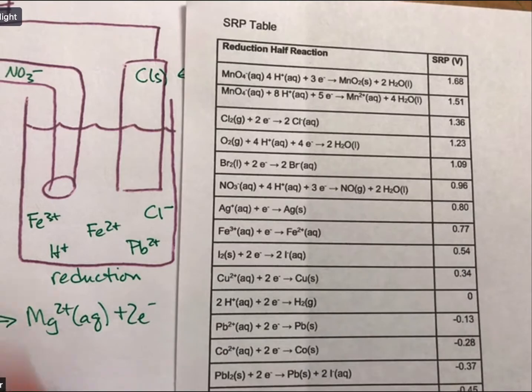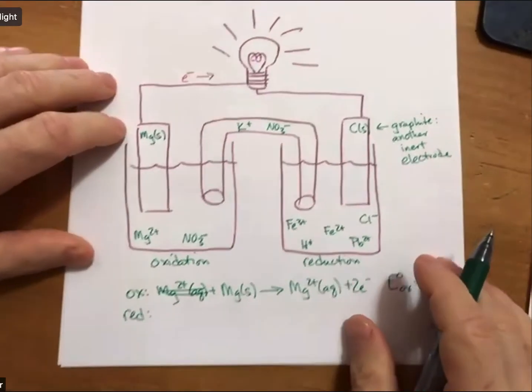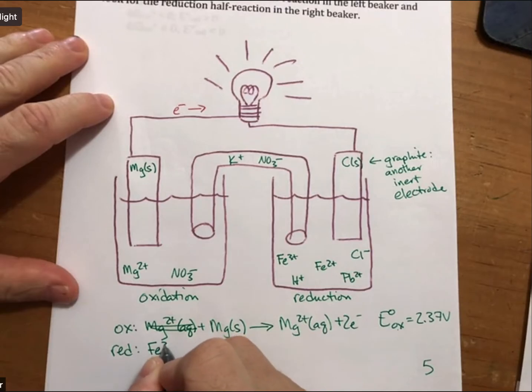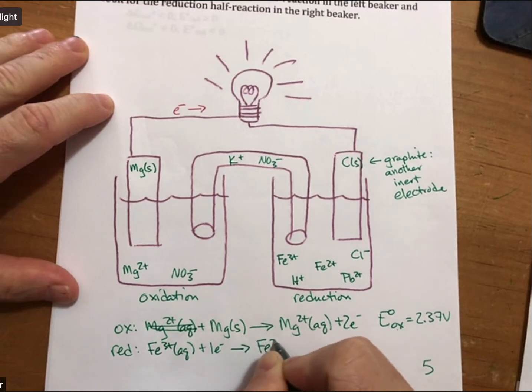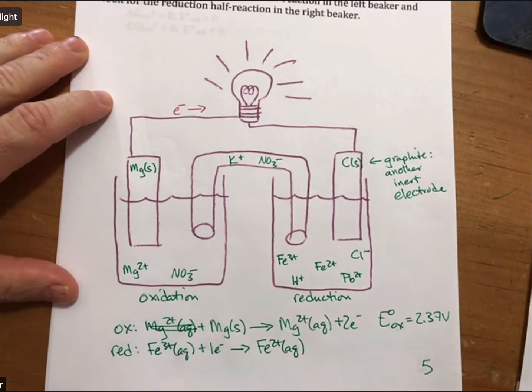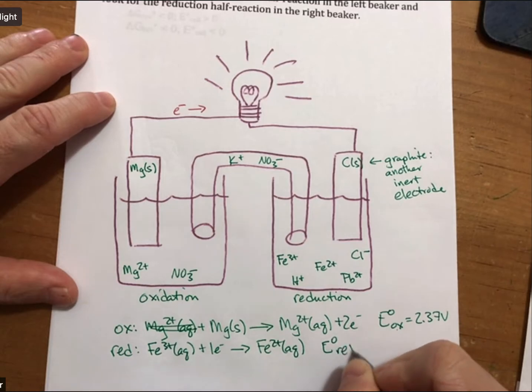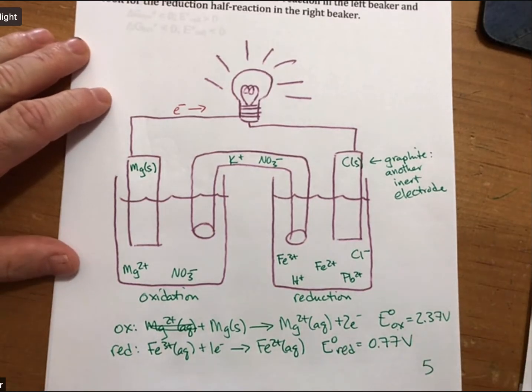So we'll write that out now. And our reduction half reaction potential is 0.77 volts.